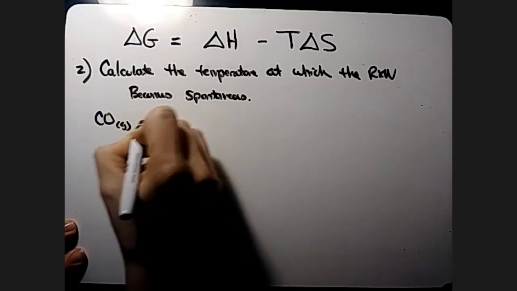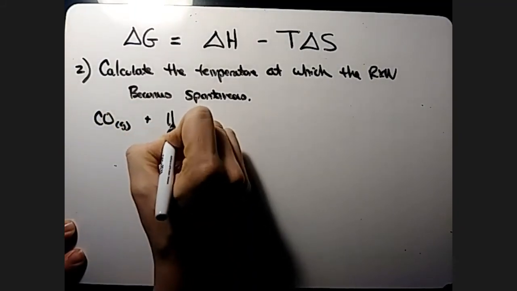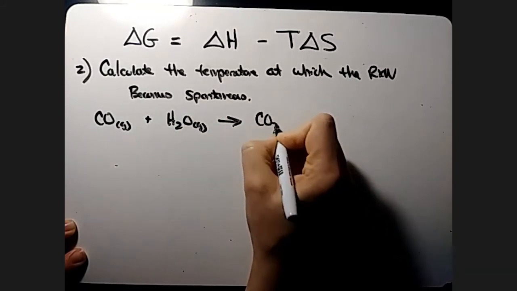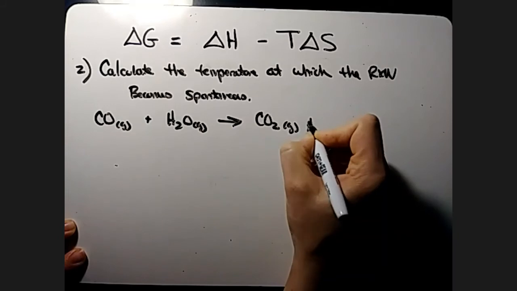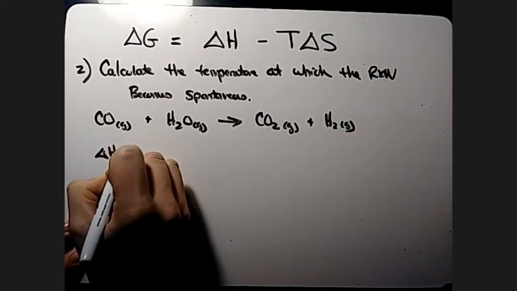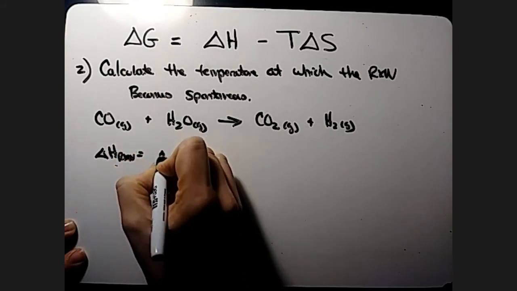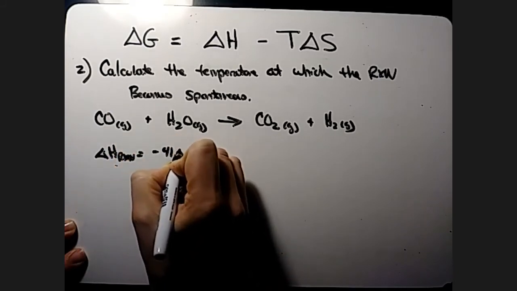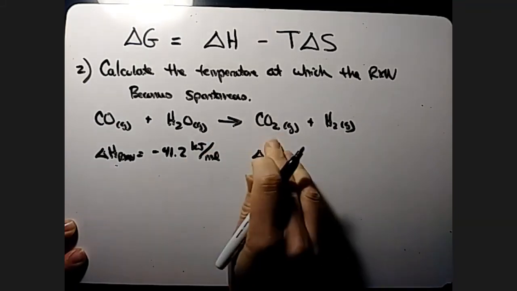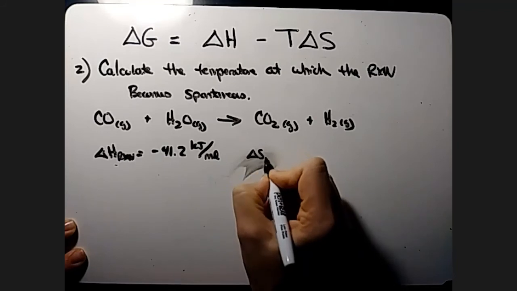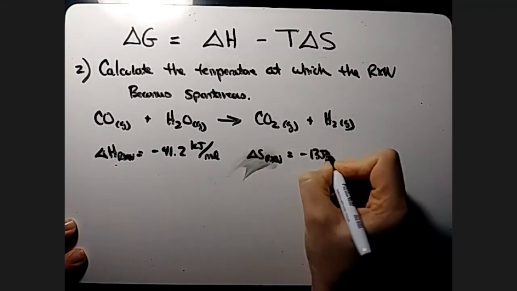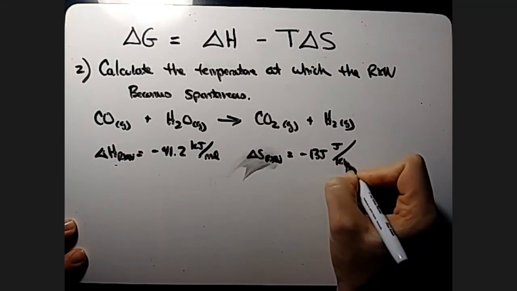So we're going to look at CO gas plus H2O gas will form CO2 gas and H2 gas, and our delta H for our reaction is still going to be negative 41.2 kilojoules per mole, and our delta S of our reaction is still negative 135 joules per K mole.